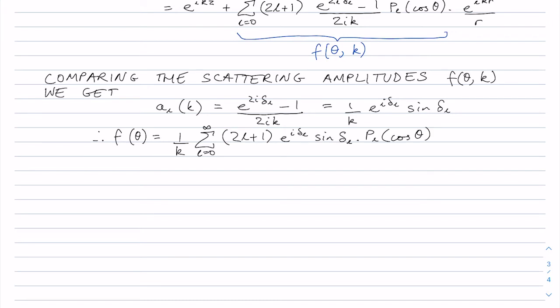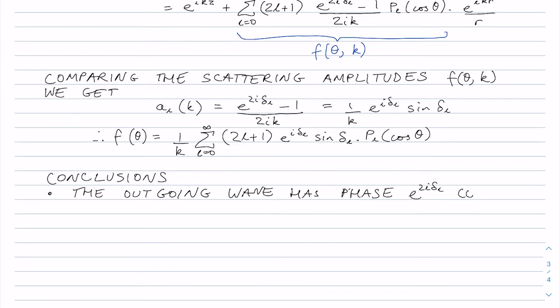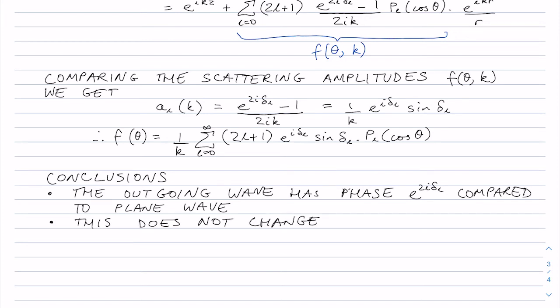So what have we learnt here? It means that the outgoing wave has a phase of e to the i delta_L relative to the incoming plane wave. Second thing is that this does not change the total probability current. And lastly, the angular distribution is characterized by the phase shifts.